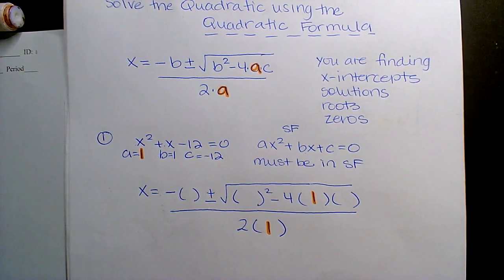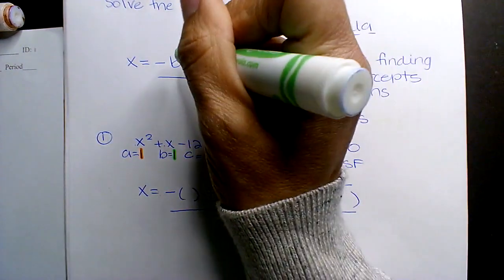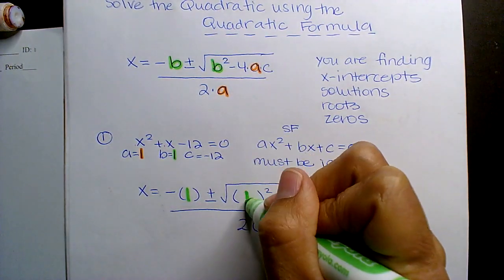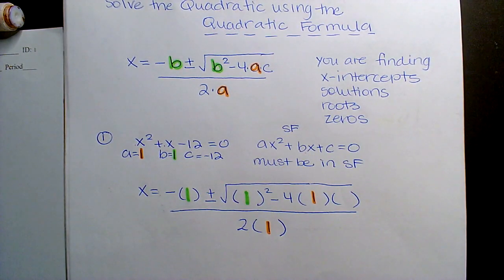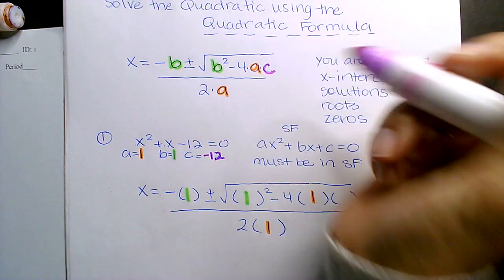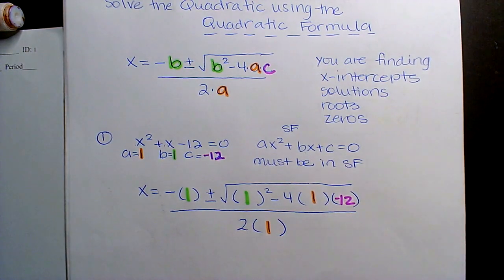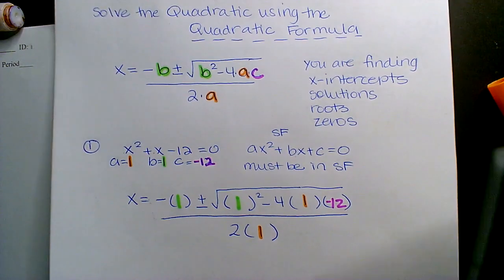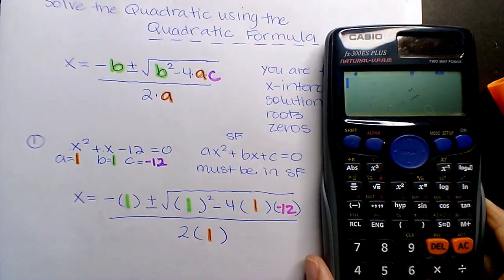Your b value is positive 1, so wherever I see a b, I'm plugging in a 1. So easy, right? And then my c value is negative 12, so wherever I see a c, negative 12. I will clean this up by hand, but let's go to the calculator.